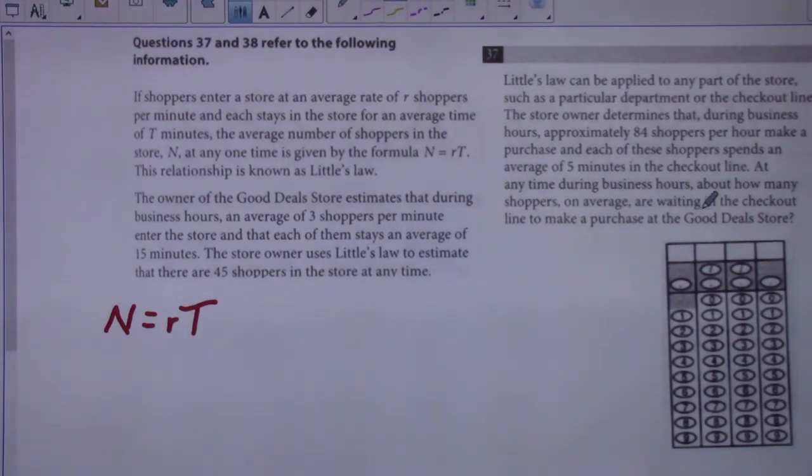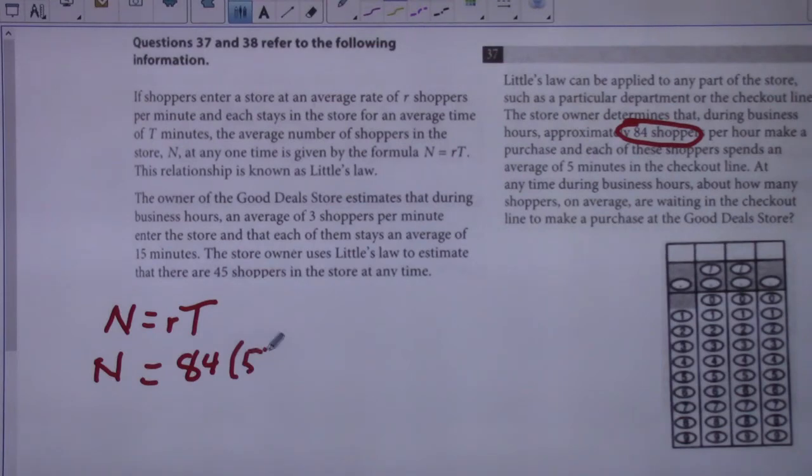You're trying to find the number of shoppers on average, which is n, is equal to R times T. Well, what is R going to be? R is your average rate of shoppers. So over here I go 84 shoppers, right? And what is T going to be? Well, T is going to be the average wait in the checkout line, which in this case is 5 minutes.